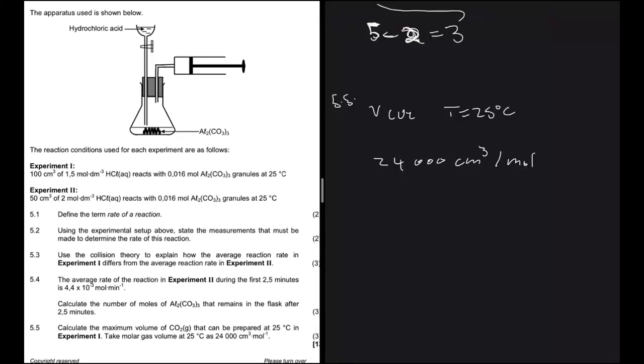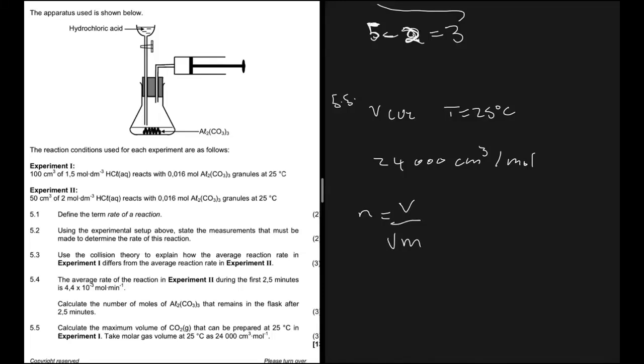We know that the number of moles can also be given by the volume divided by the molar gas volume. So that is n equals V divided by Vm.